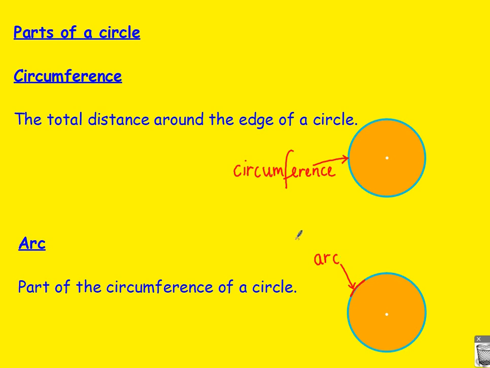The shorter of the two is the minor arc, so the one I've drawn in red would be the minor arc, and the longer one would be the major arc. So all the way around the outside of the circle is the circumference. Part of the circumference is an arc.